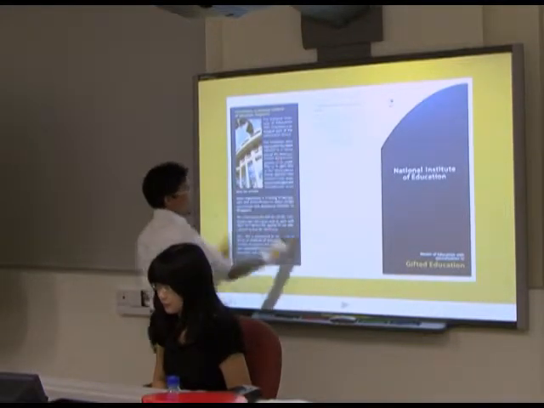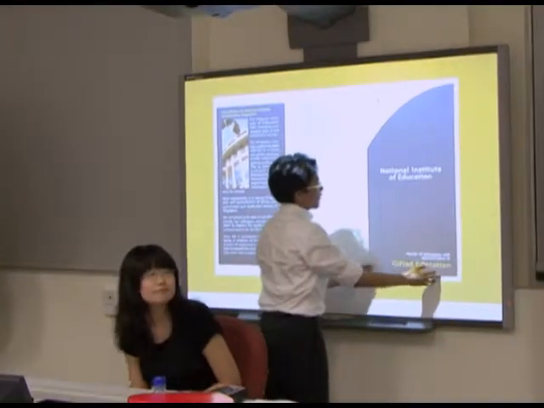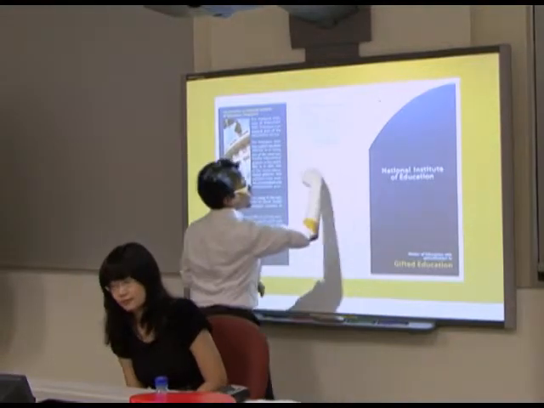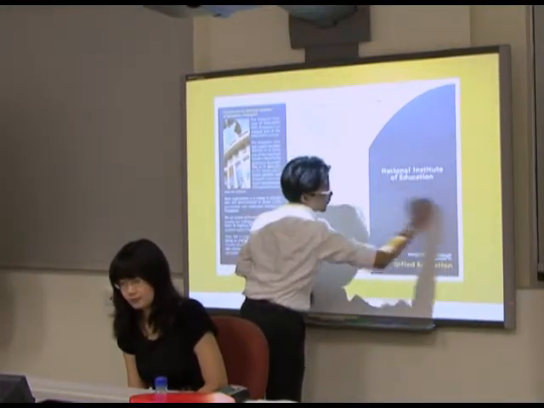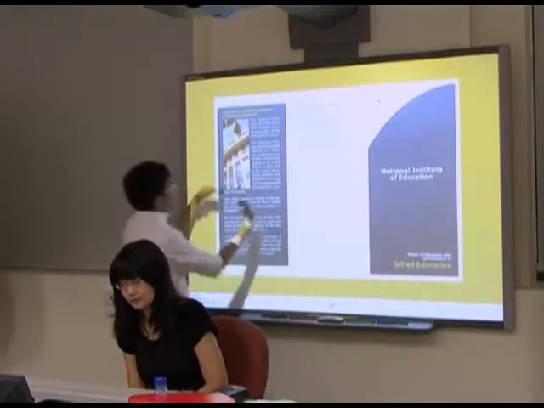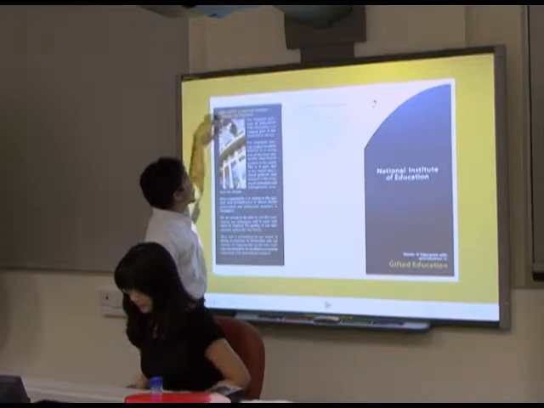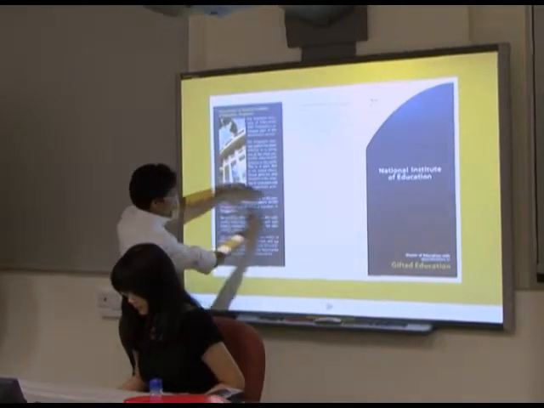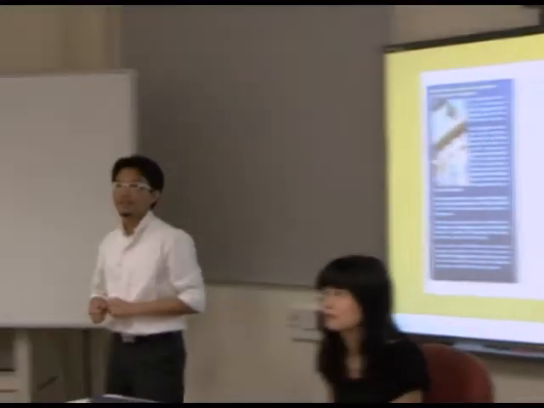This can be considered one grid, two grid, three grid, and this can be considered one grid. Here is one grid, another grid, another grid. I think you get what I mean, right?